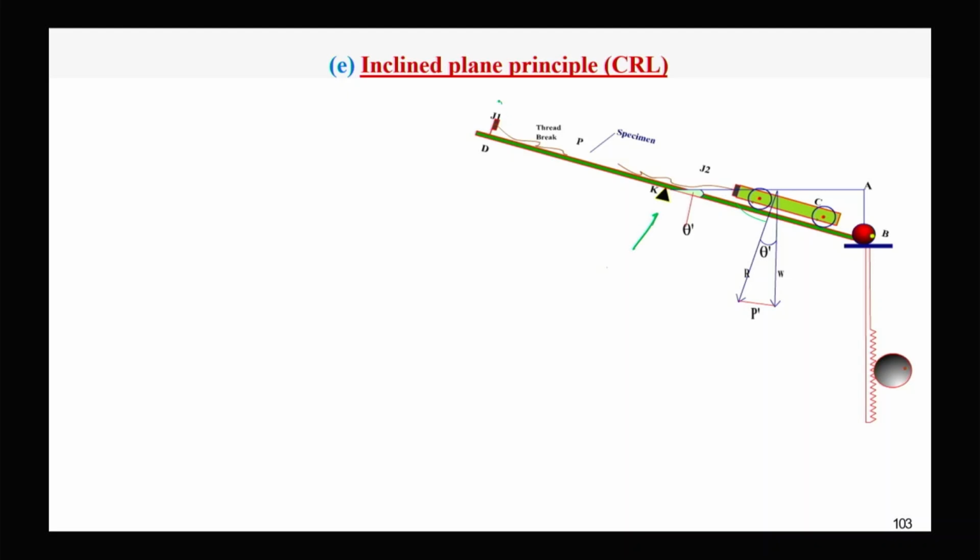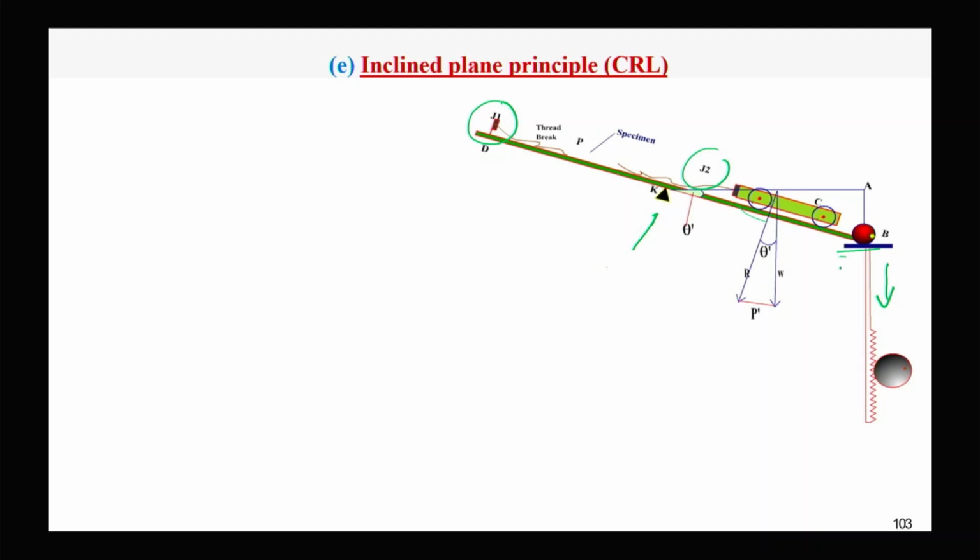J1 is the one end where the material is attached, and the other jaw is J2, which is connected with the moving carriage, and the other side of the beam is placed on the moving platform, which moves continuously in the downward direction.